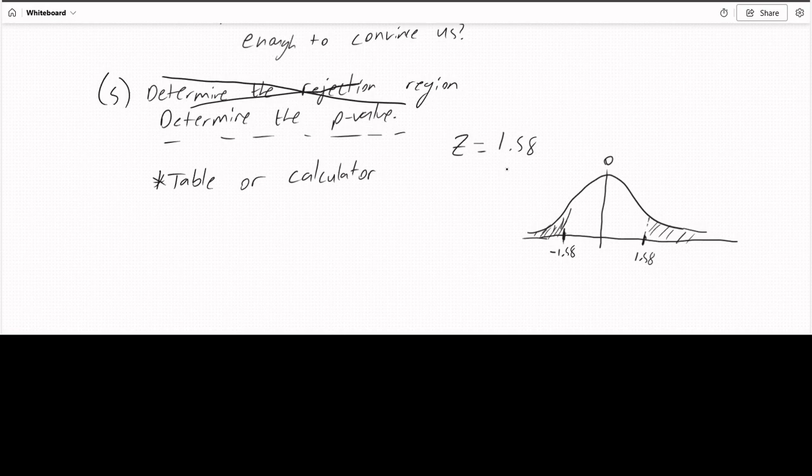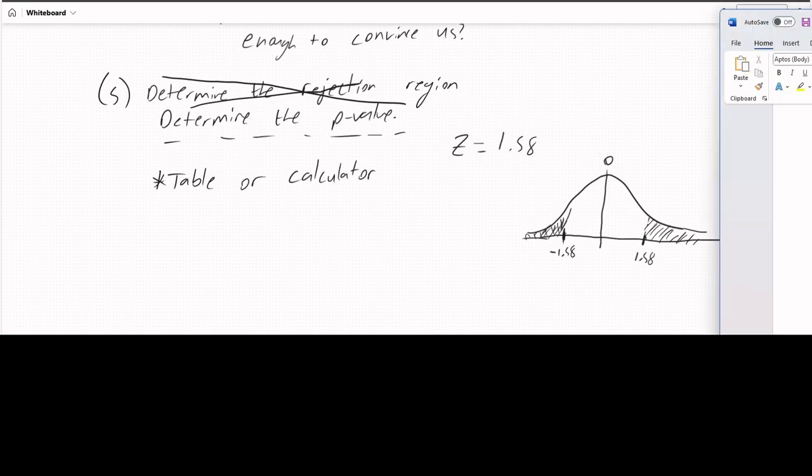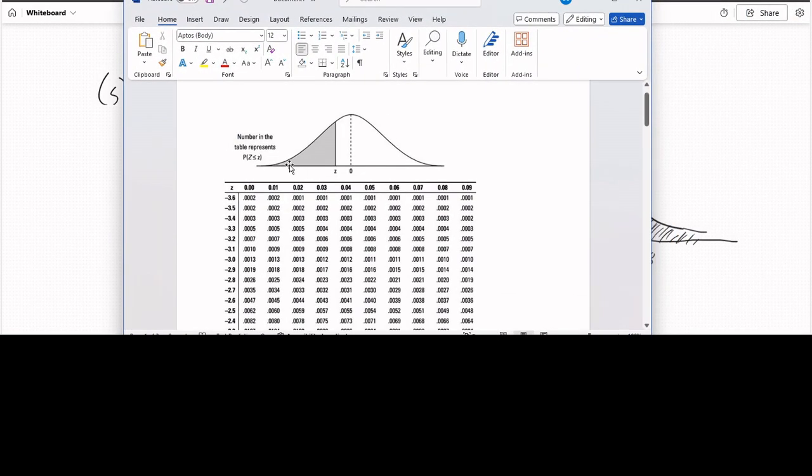So because we want to find out what the likelihood of finding that or something more extreme, and in two tails, we want to account for both sides. So what we're going to do is take this, find out the amount of area covered with negative 1.58, and then because of symmetry, we can double it to find out this is the likelihood of finding data by chance in either direction.